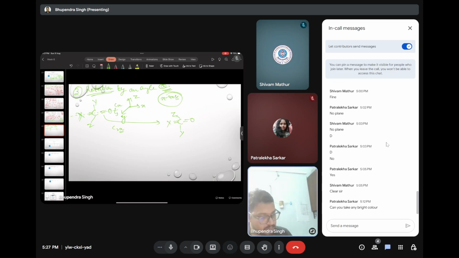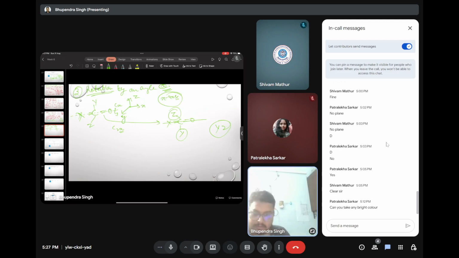So here you can see the atoms on this axis are not going to change their places. What will change? The atoms which are present on axes other than this axis will change their position. So in this case, Z and Y, these two are changing their position.